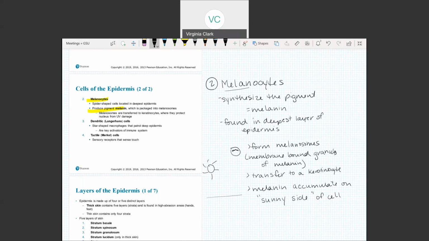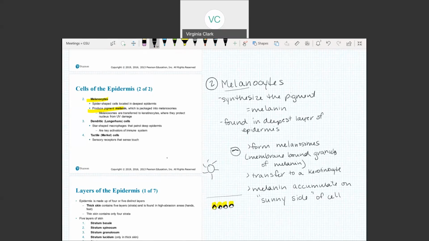If we have cells right here, the sunny side is the side that is closest to the sun. So this melanin will accumulate on the part of the cell that is closest to the sun.